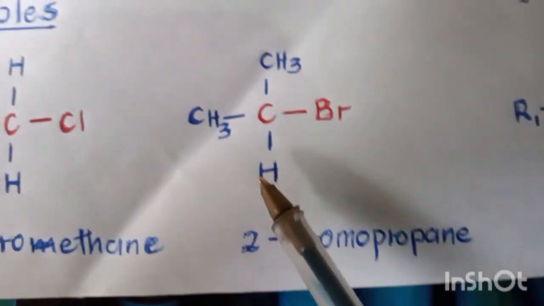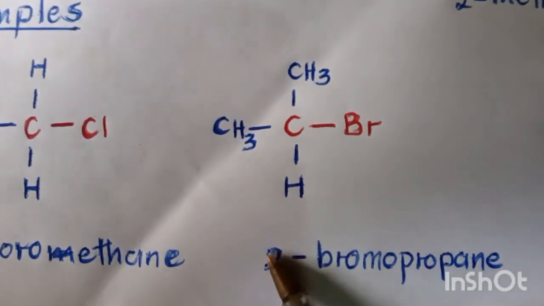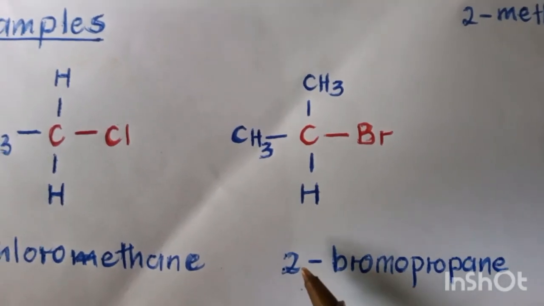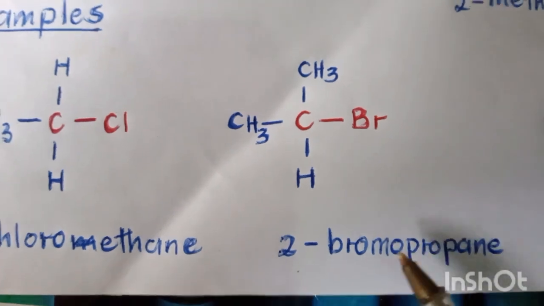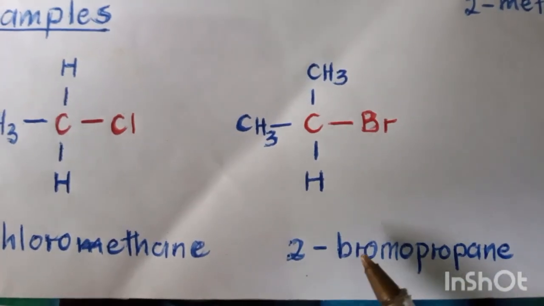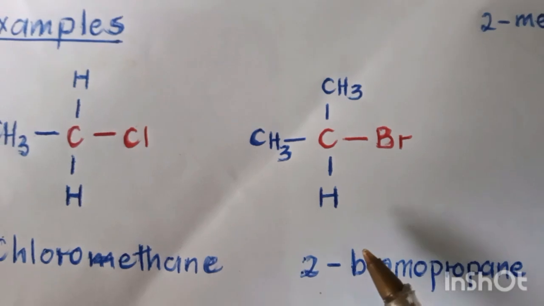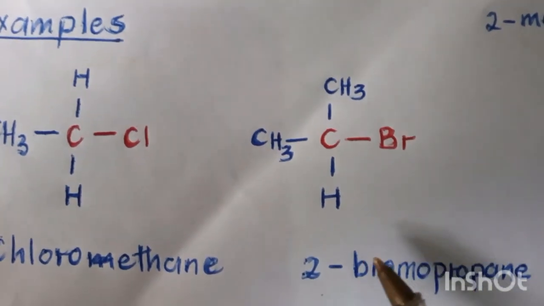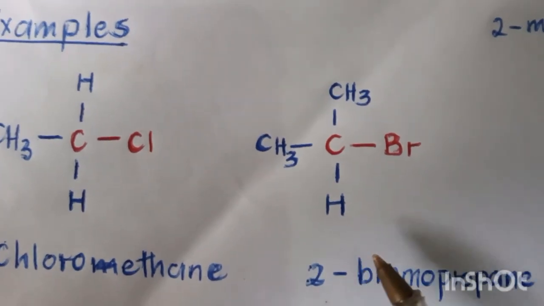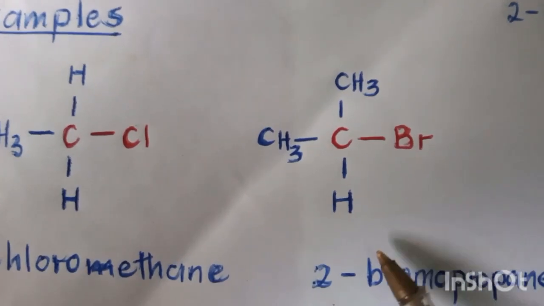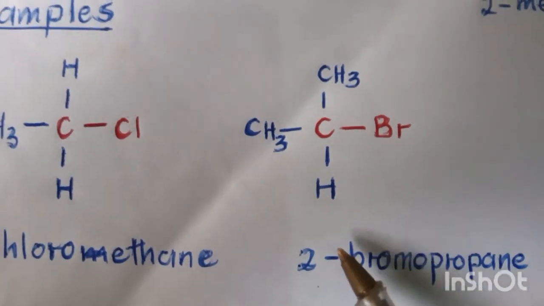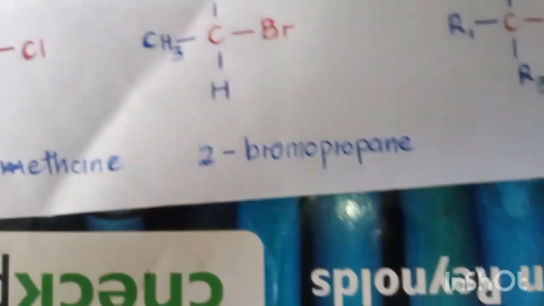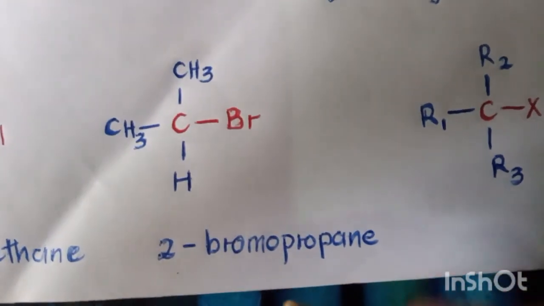So when we are naming the haloalkanes, we indicate first the position of the halogen atom, and then we separate the number and the letters with a horizontal line, and then we write the name of the halogen present in the organic compound. But remember, when we are writing the name, we replace the INE in the name of the halogen with an O. So, for example, fluorine is written as fluoro.